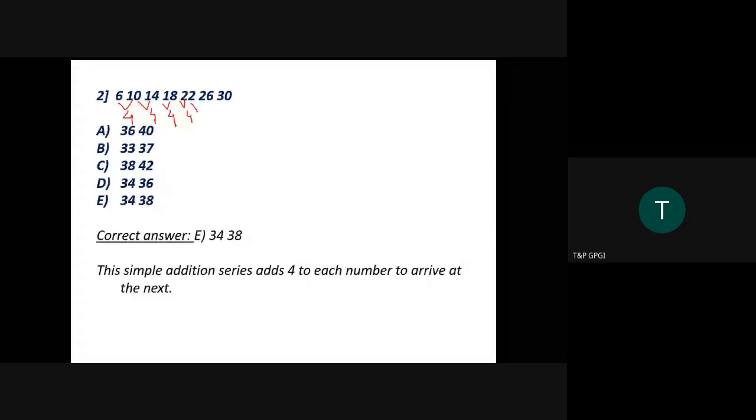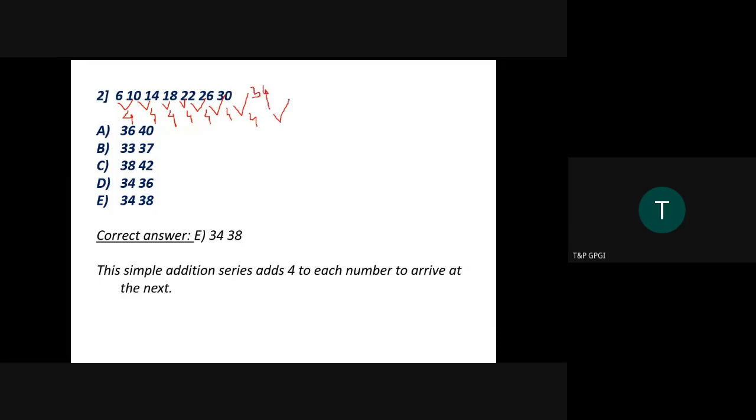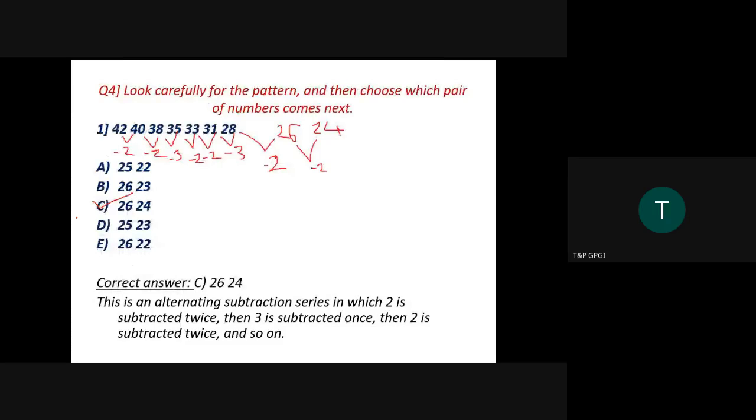Plus 4 is 30. And again plus 4, then it will give me 34. Then the next number will be 38. So that means E is the correct answer. 34, 38 is the right answer. Okay. So very simple question. I didn't give you time to write this. You can just quickly write down this question and also the next one then.